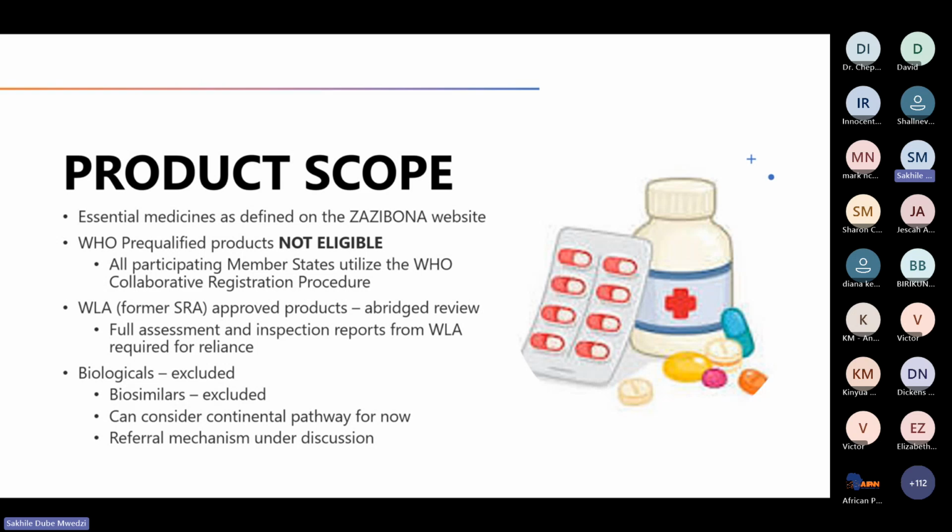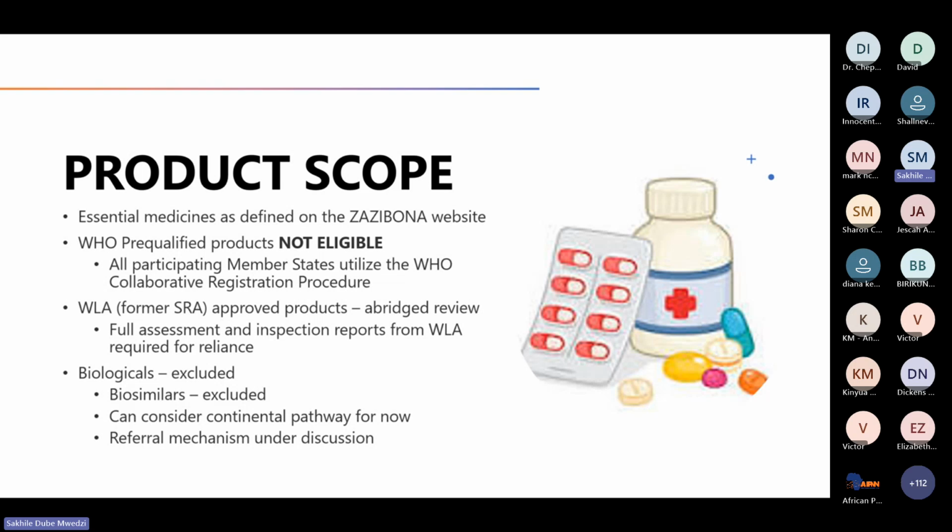But unfortunately, for over-the-counter products, for example, or something that is not of a public health interest, we cannot clog this pathway with anything and everything. So it has to be essential medicines that are part of what WHO would refer to as essential medicines.